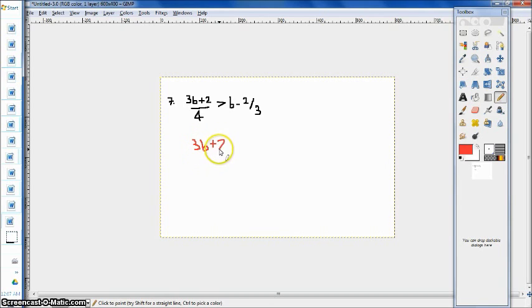So I know that 3b plus 2 is greater than 4 times b minus 2 over 3. So 3b plus 2 is greater than 4b minus 8 over 3.